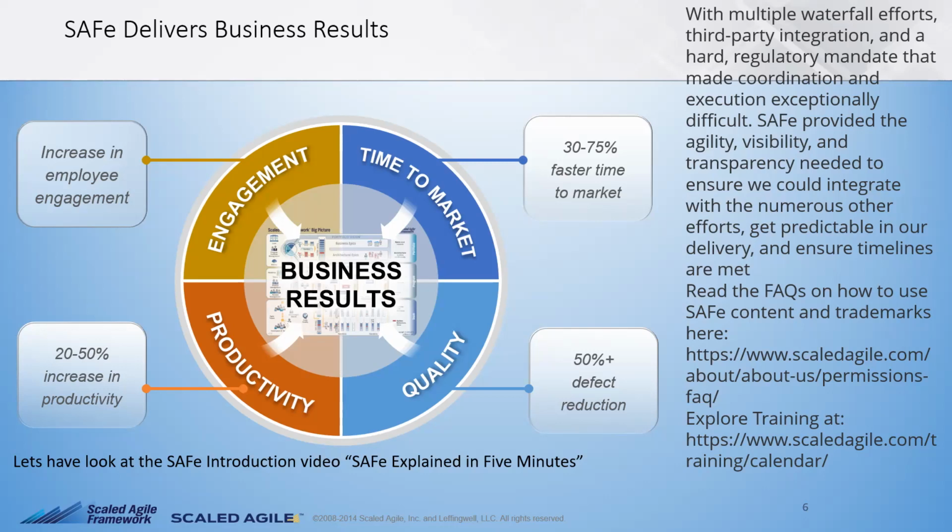So here we have understood how to respond to market changes, with flexibility and collaboration in a better scenario. And there we got a good, comparable increase, like 30 to 75% faster time to market.